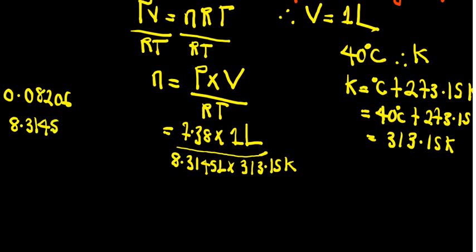So I want you to get me here. When you're using the gas constant of 0.08206, you have to make sure that your pressure is in atm, right? And then your volume is in liters. Then divided by the moles, the SI unit of the moles, it is just the mole like that. Then multiplied by the K.